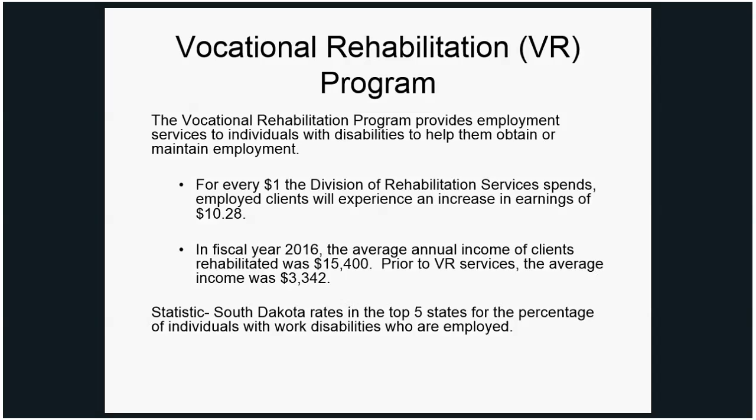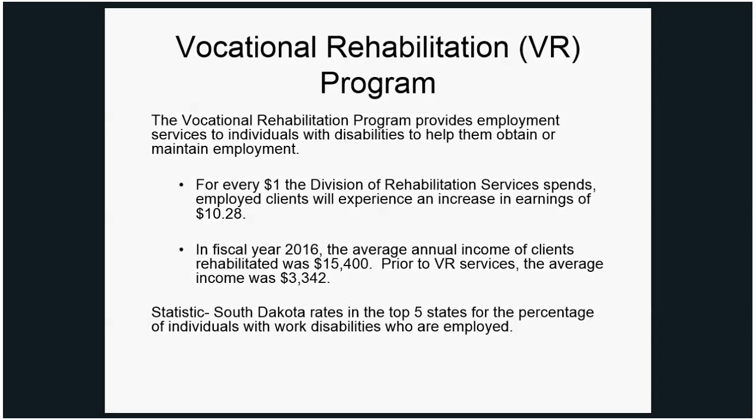According to 2015 statistics, South Dakota ranked second in the nation in the percentage of people with disabilities that were employed, and at 51.7%, that was over 15% higher than the national average, which is really cool. I think it says every bit as much about just the makeup of the people in the state as anything else.